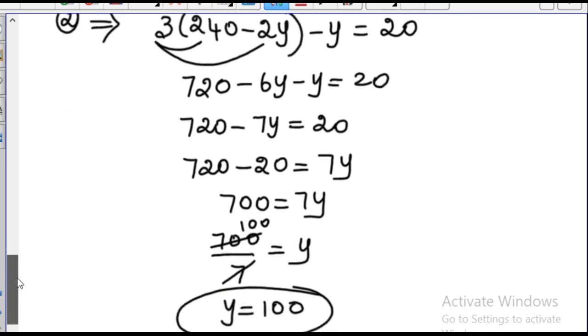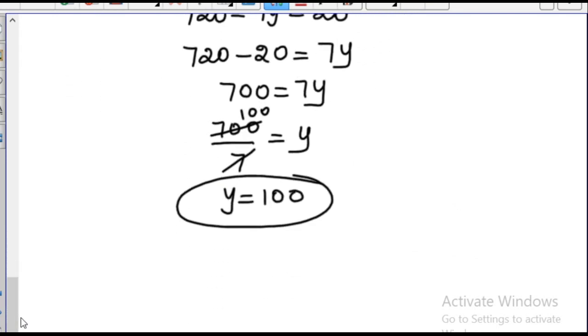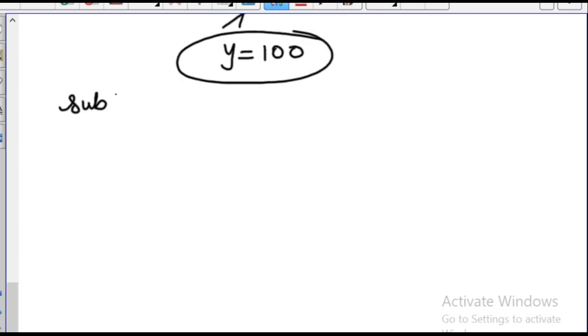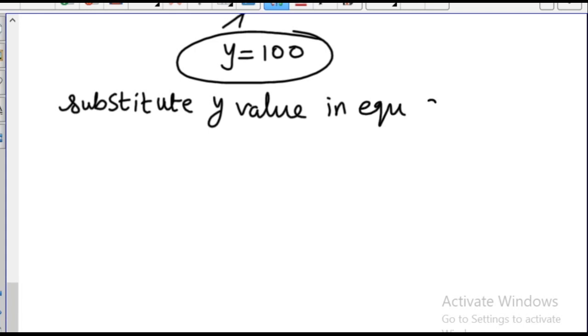Okay, x is equal to 240 minus 2y. X is equal to, substitute the y value in equation number 3.